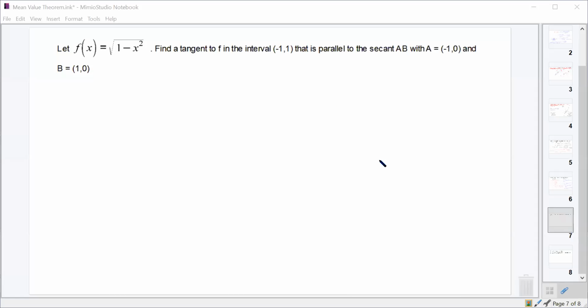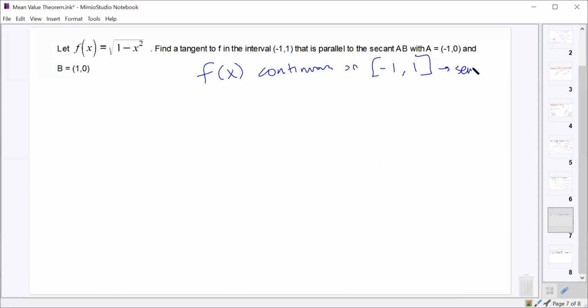Does this satisfy the hypotheses of the mean value theorem? We're guaranteed that there should be one point where the tangent is parallel to this secant line. Is f of x continuous on -1 to 1? Yes, should be. What sort of graph does this actually look like?